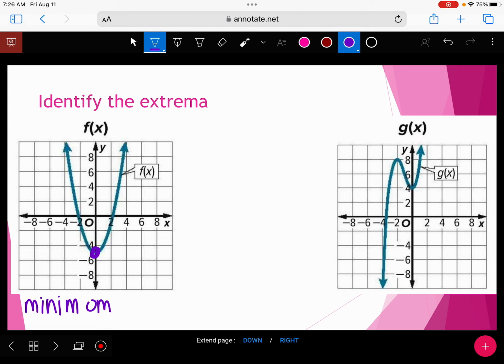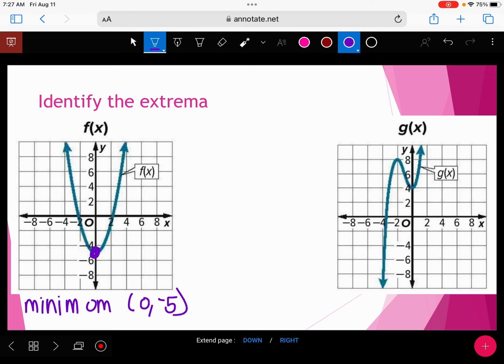So our minimum. When we're asked to identify it, we're going to label it as a point. So our minimum is at 0, -4. Nope, -5. Looks like it's a little below. I'm going to rewrite that 5 because it looks all crazy.